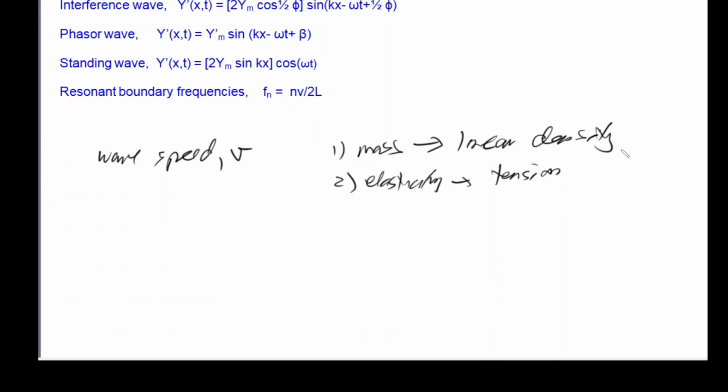And we're going to call linear density mu, and the tension in the string tau. And again, that's tension in the string, not torque. And we will find that v is equal to the square root of tau divided by mu.